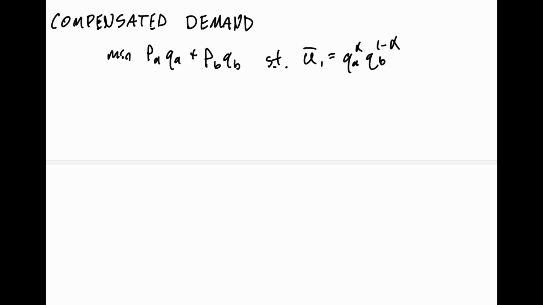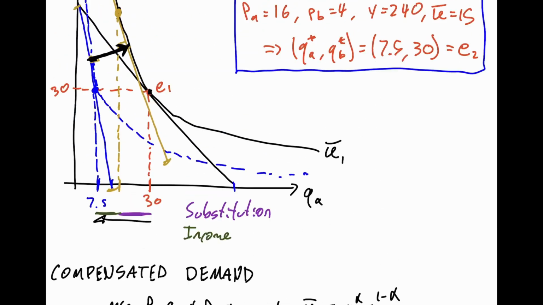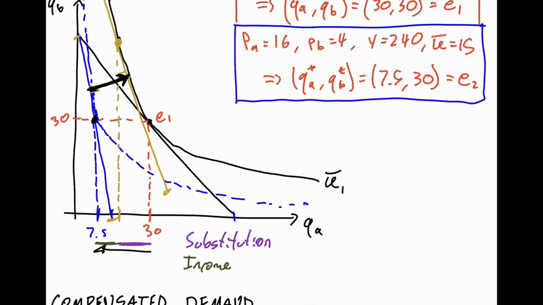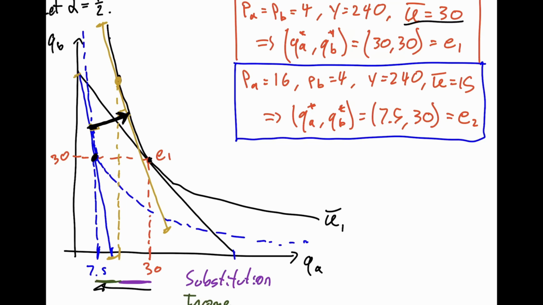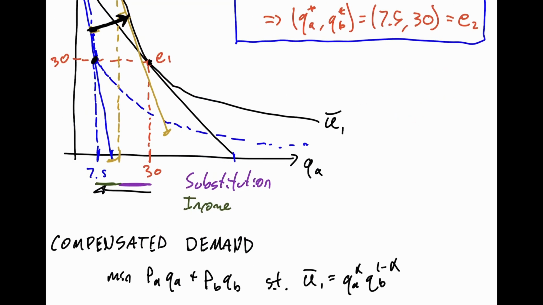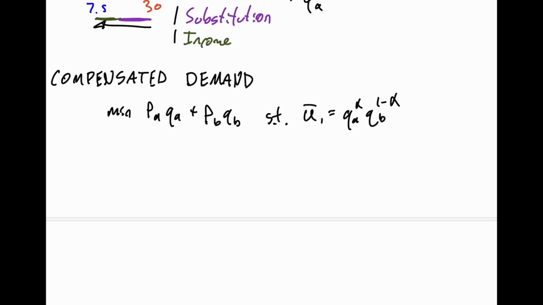And then we'll go back, check that our original indifference, our original solution, our E1 and our new point are consistent with the utilities that we solved for. Then we'll also check this point so we can find the substitution and income effects. So that's the map of where we're going.